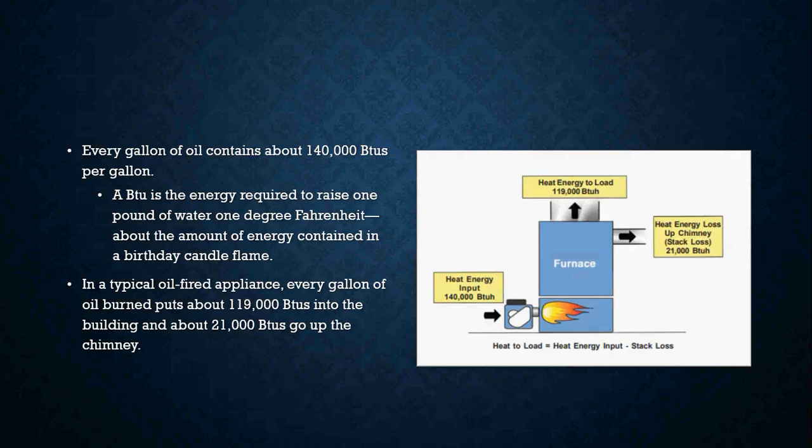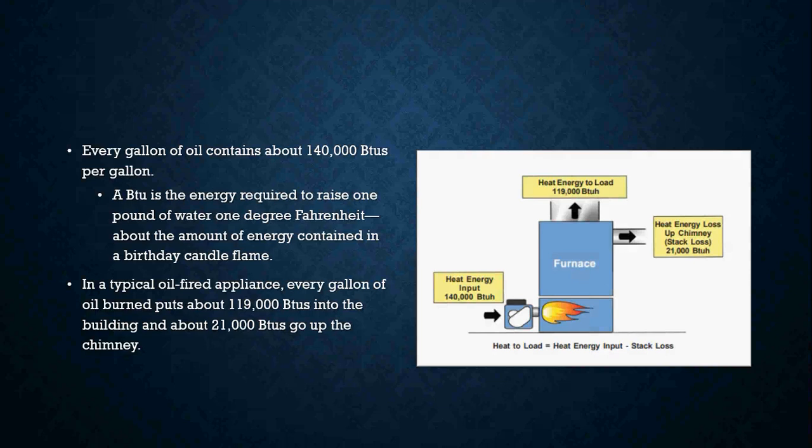In a typical oil-fired appliance, every gallon of oil burned is going to put out about 119,000 BTUs into the building, and about 21,000 BTUs of it is going to be lost. It's just going to go out the chimney. This is why oil is not 100% efficient, because all of the heat that is generated by it is not necessarily used to heat a space.